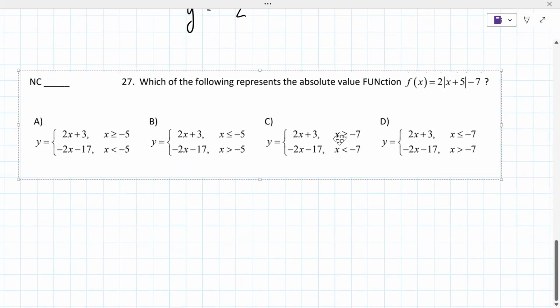Which of the following represents the absolute value function 2 absolute value of x plus 5 minus 7? Sometimes you just have to scan the answers. You can eliminate two of them with the domain. You remember how the domain is broken apart with the absolute value?